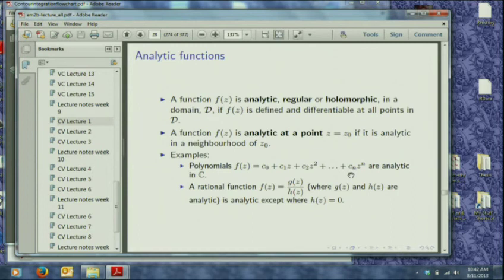So a function is analytic, regular, or holomorphic. Maybe I should just search for it.